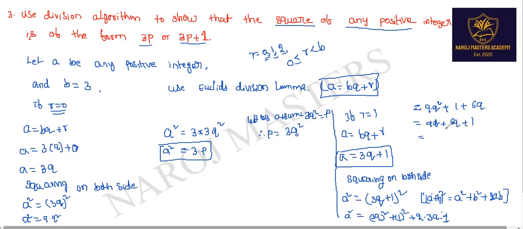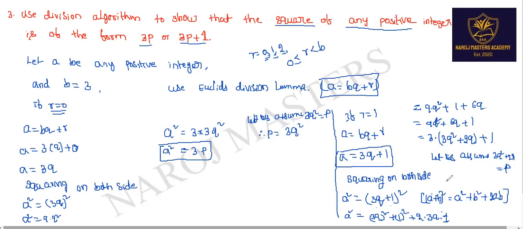Now if I take 3 common here, 3 into 3q square, 3 into q square now. So 3 into 3q square, and if I take 3 common here, plus 2q and plus 1. Now let us assume 3q square plus 2q is equal to p.